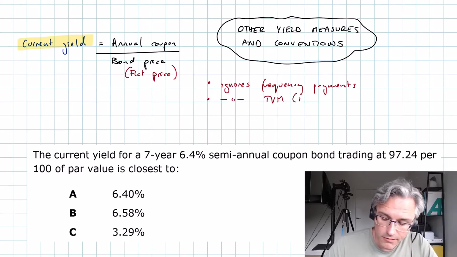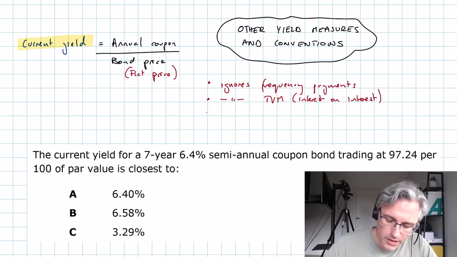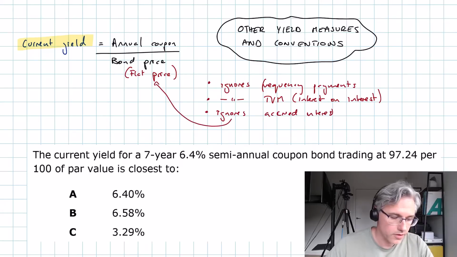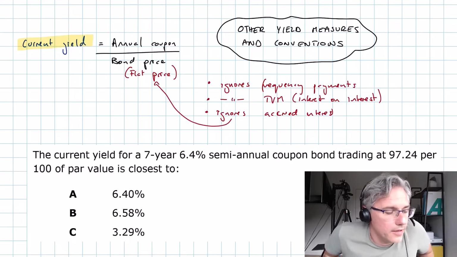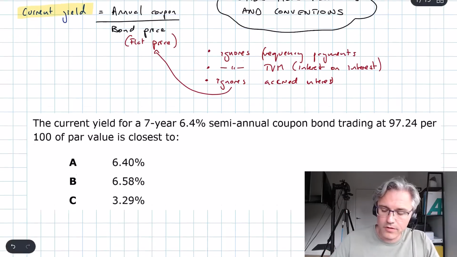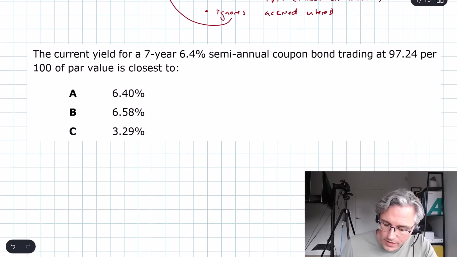So this idea of interest on interest, that's not really an issue here. And it also ignores accrued interest. Hence, our focus here on the flat price.